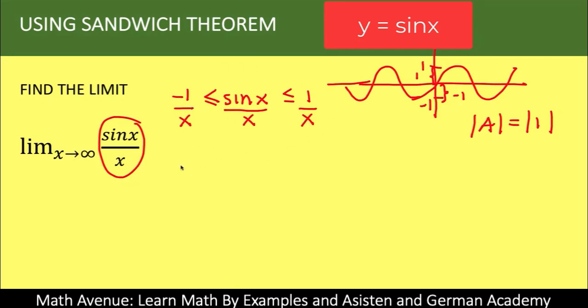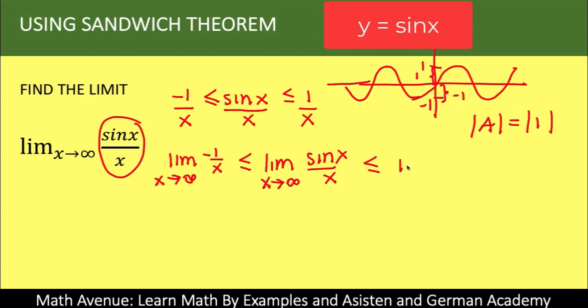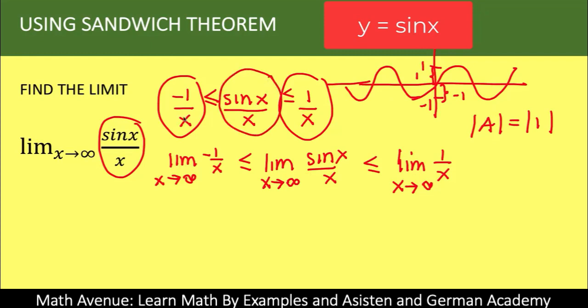Then we get the limit of -1 over x as x approaches positive infinity, less than or equal to the limit of the middle, sine of x over x as x approaches positive infinity, less than or equal to the limit of 1 over x, this part, as x approaches positive infinity. So what I did is take the limit of each of these: the limit of the left, the limit of the middle, and the limit of the right.